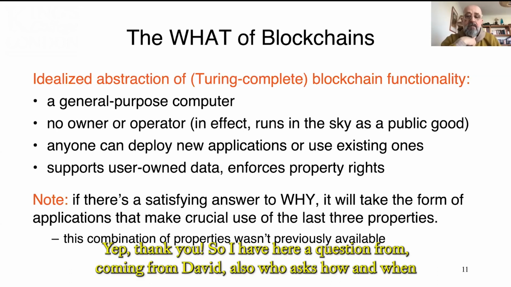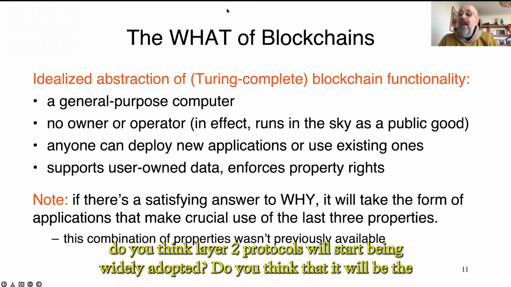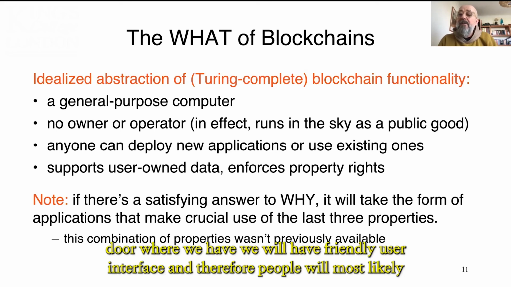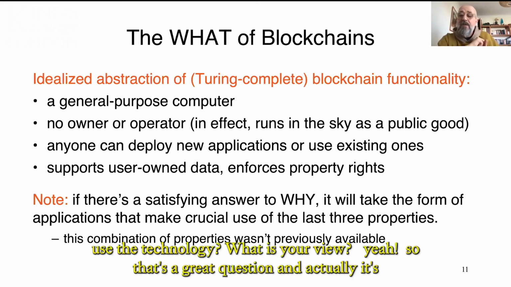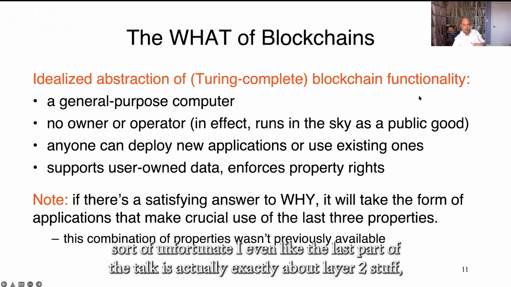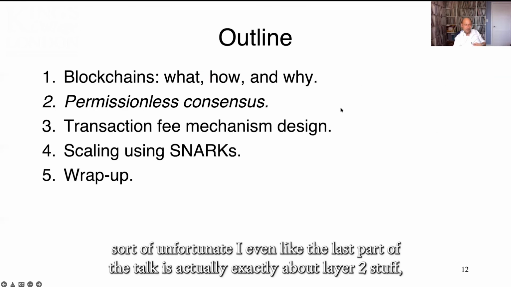Thank you. I have a question coming from David, who asks, how and when do you think layer 2 protocols will start being widely adopted? Do you think that it will be the door where we will have a friendly user interface and therefore people will most likely use the technology? What is your view? Yeah, that's a great question, and it's unfortunate, because the last part of the talk is exactly about layer 2 stuff.